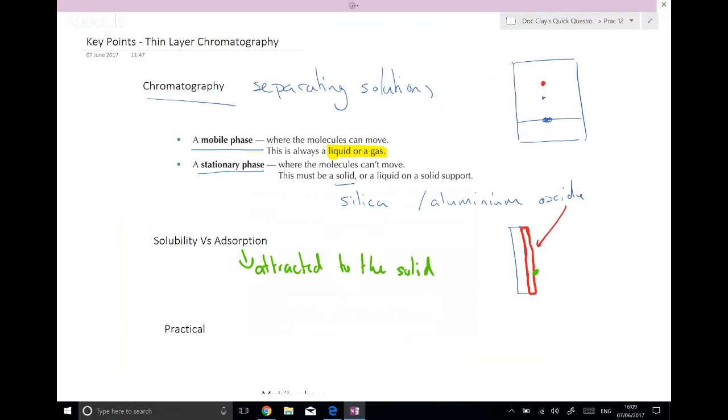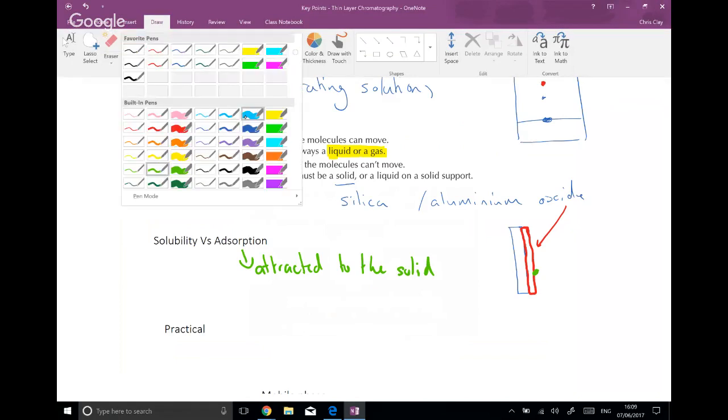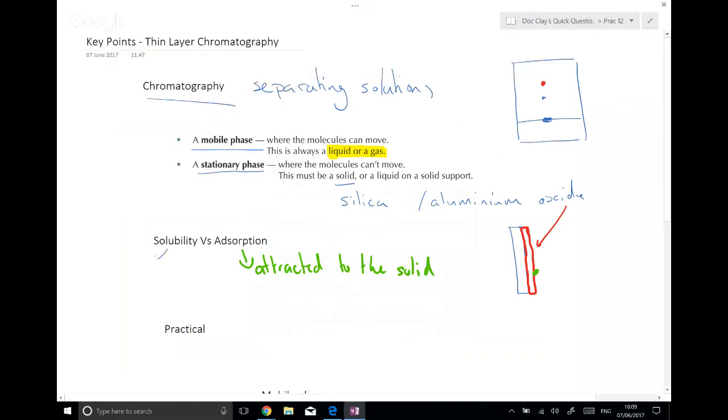The solubility is essentially a measure of how well it dissolves, and therefore how well it will be pulled through and up the solid. All right, so those are the key points.